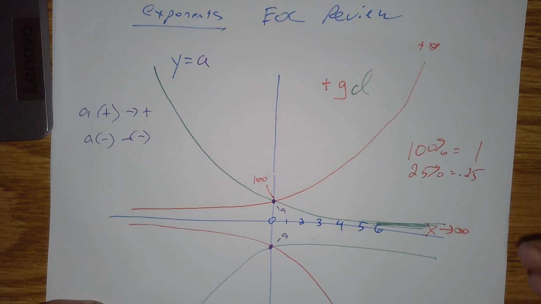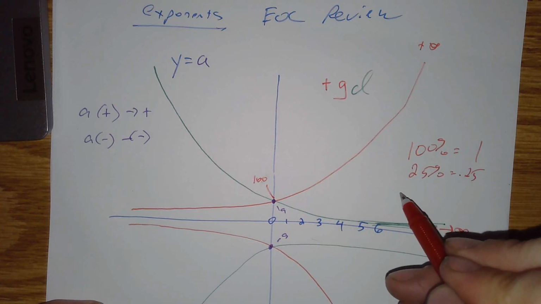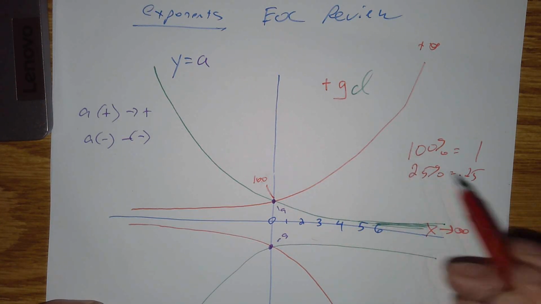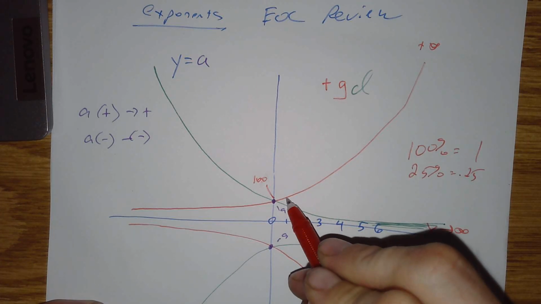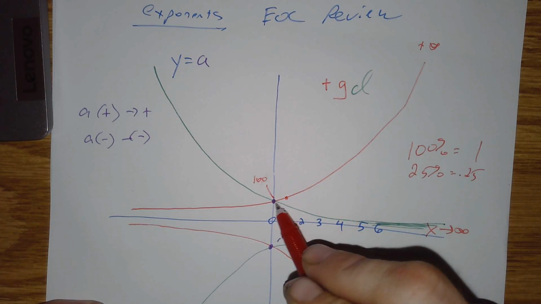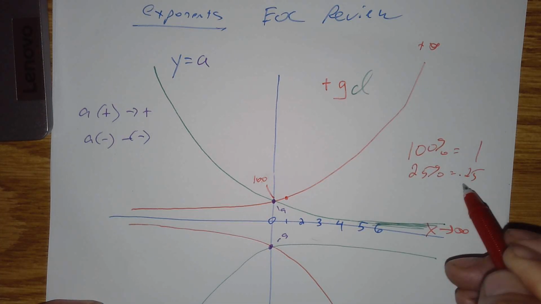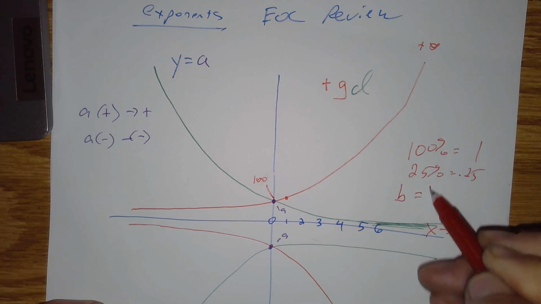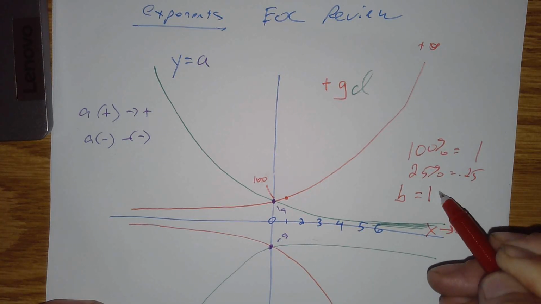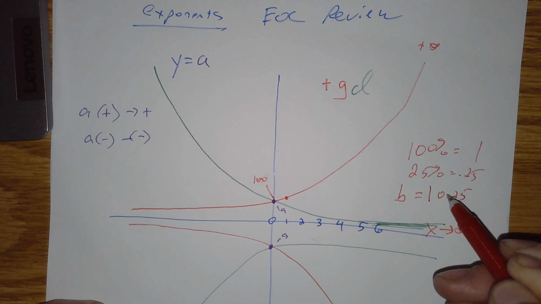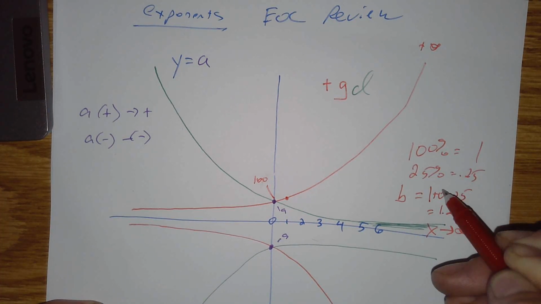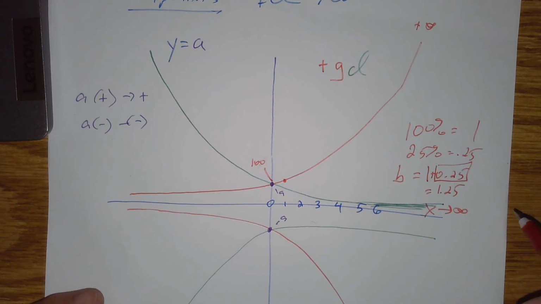So a growth is how much I have to multiply the previous amount by each time, which is 125%. That is my b value. My b value is 1 plus 0.25, which equals 1.25. My r value is how much it's changing by.